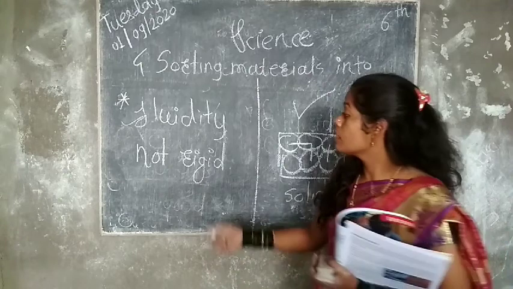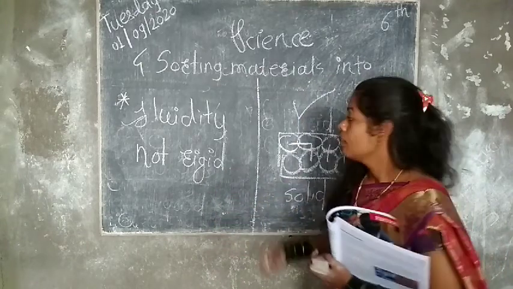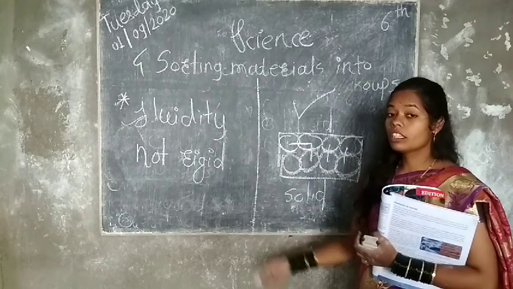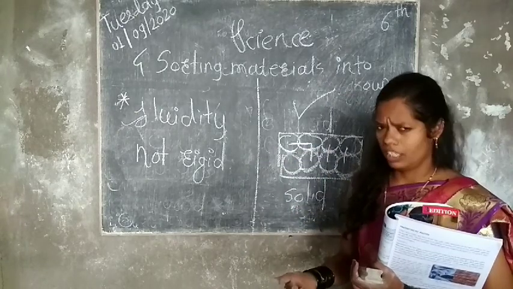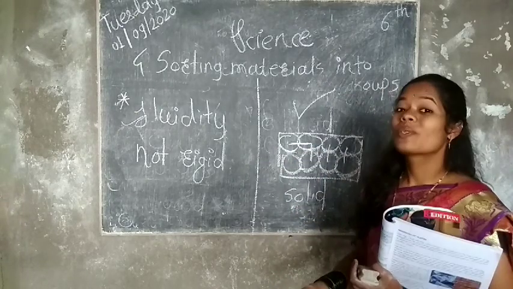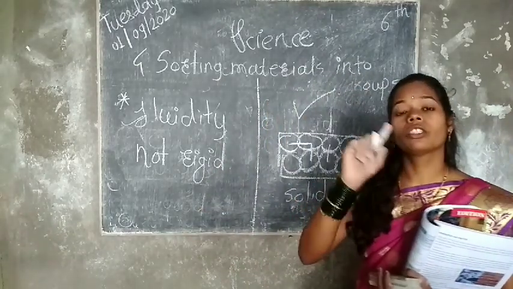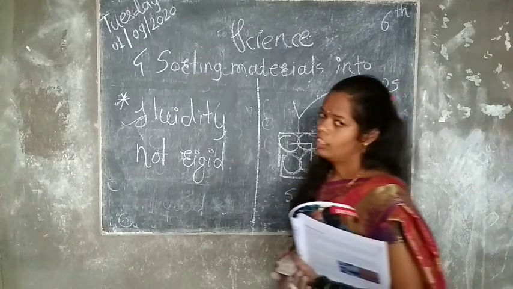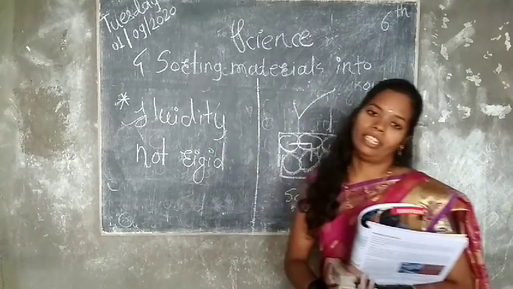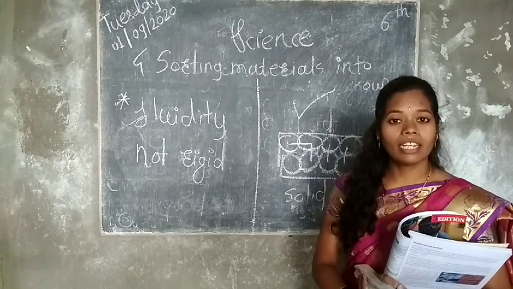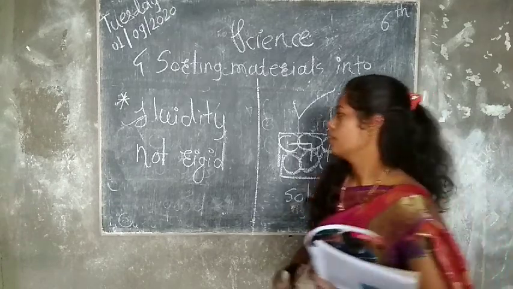And also liquids are not hard. Solids, see, this one is a little bit hard. But liquids, your water, your milk, is it hard? No. So what you have to indicate? Liquids are not so hard. They have fluidity. Is that clear to you, everyone? Is there any doubt? Okay.